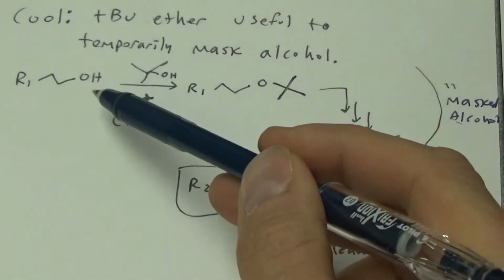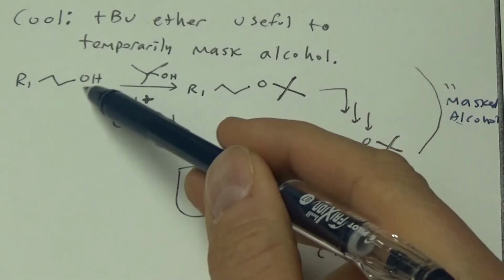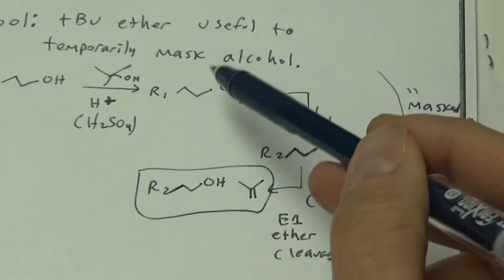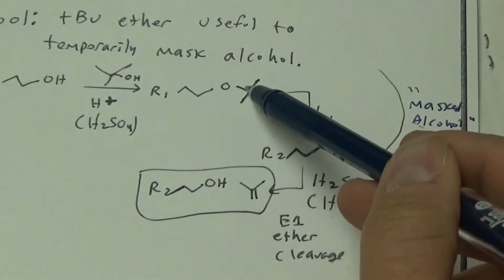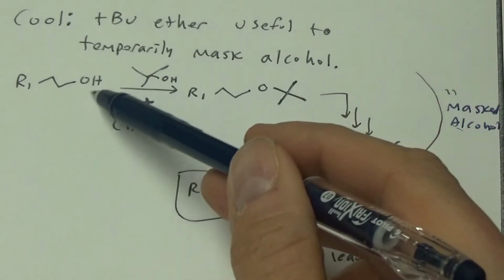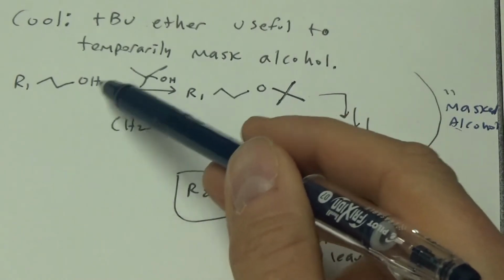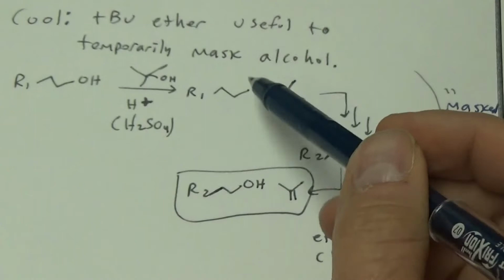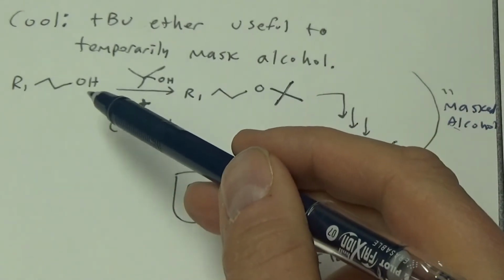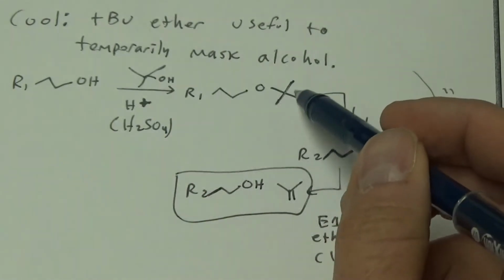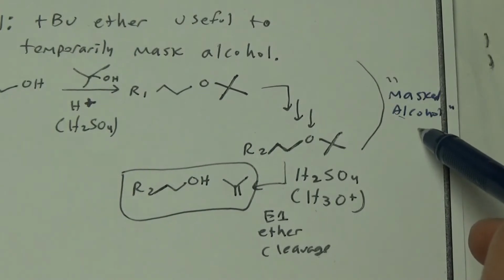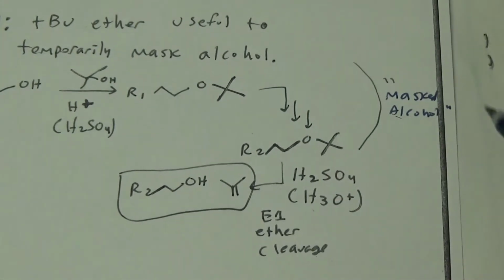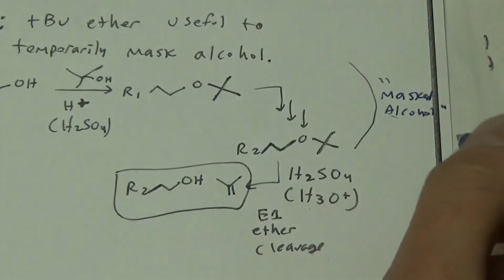We want to maybe block this alcohol, have it be something else, and the reason for that is because alcohols sometimes cause problems. They have their own weird reactivity, and they could be an acid, for example. So when we block the alcohol, it might be an ether, and I call it a masked alcohol. This tert-butyl ether is a masked alcohol.